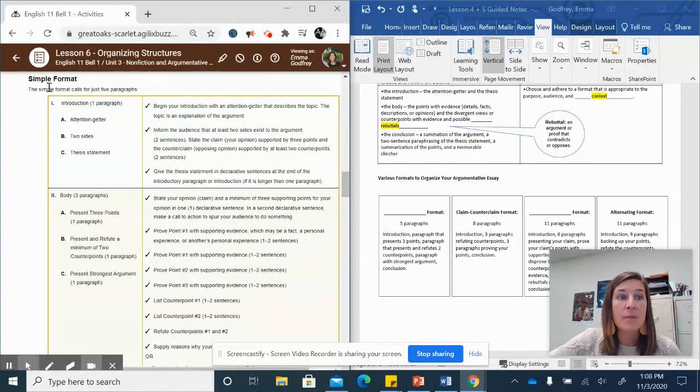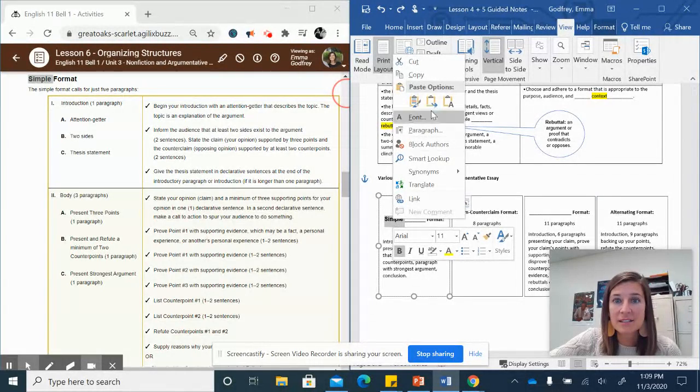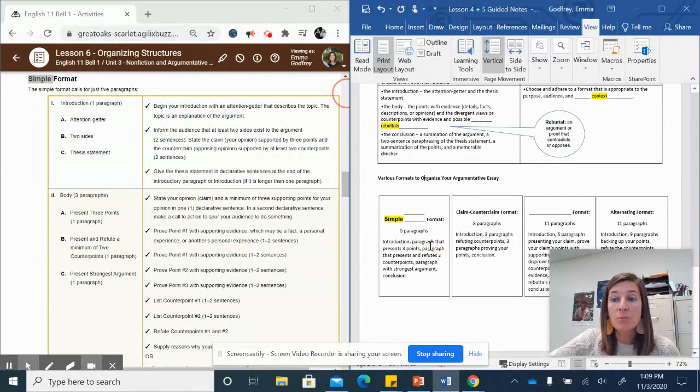So our first format is the simple format. Okay, simple format is probably what we're most familiar with.